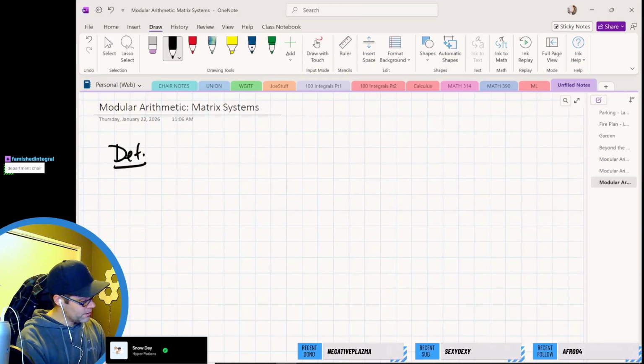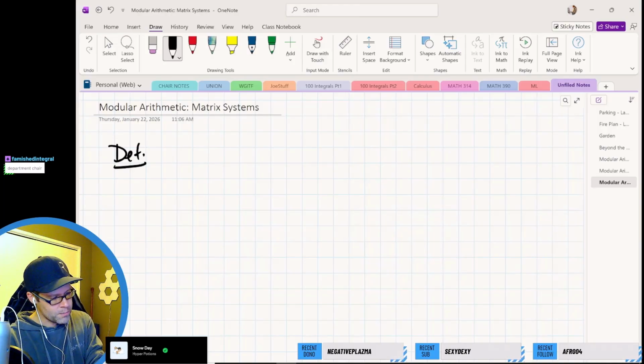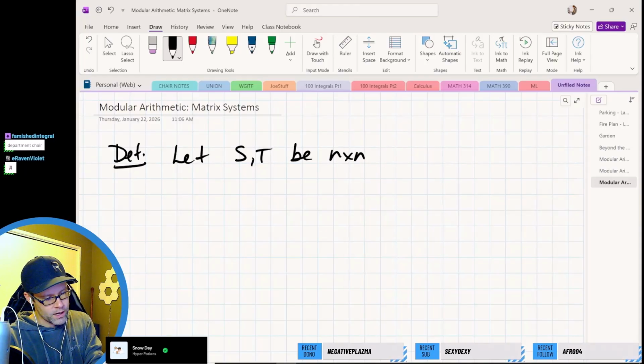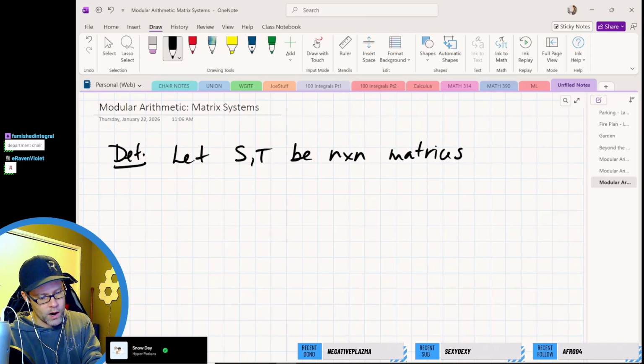Okay, so the first thing we want to do is start with a definition. Let's suppose we have a couple of matrices, capital S and T. Let's suppose they are n by n matrices. I'm going to work with square matrices here.